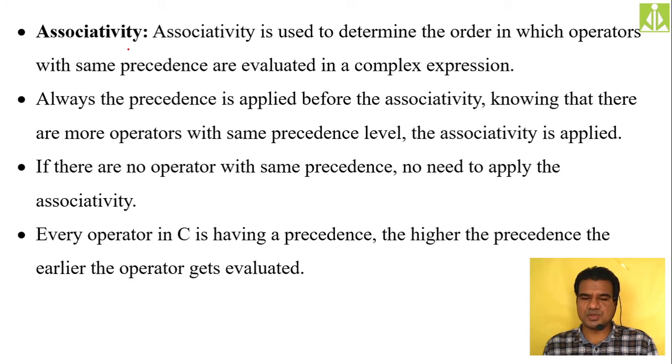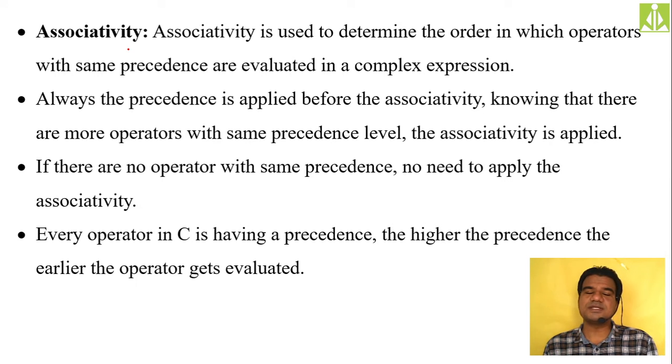Then we have the associativity, which is again a very simple thing. When we go for precedence, we go in an order. We have a precedence table. According to that table, the higher the precedence value, the earlier the operator gets evaluated.